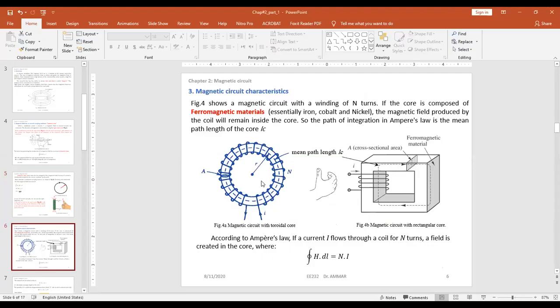Now element number 3, magnetic circuit characteristics. The magnetic circuit, as we said, is a combination of a core made from iron. We call it the iron core.